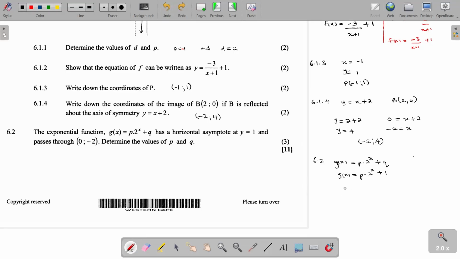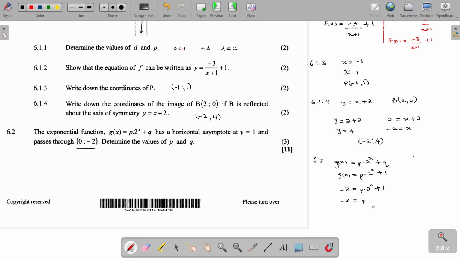So we are going to substitute there by -2. So it means that -2 is equal to p multiplied by 2 to the power 0, which is the x value, using those coordinates here, plus 1. Then you transpose the 1 to the other side, we are going to get -3 being equal to p, because 2 to the power 0 is 1, 1 times p is p.